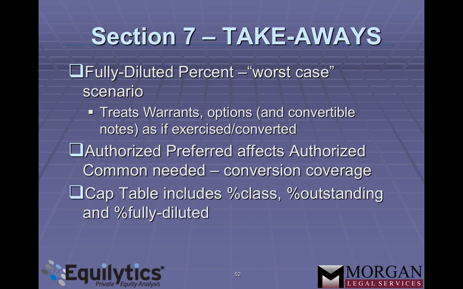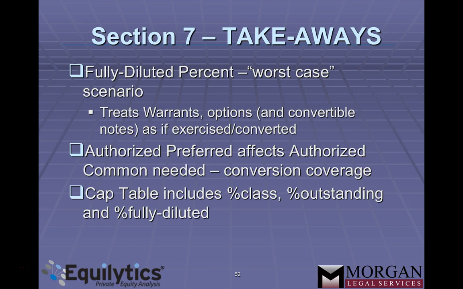Cap table, when we're looking at ownership, has a whole bunch of different ways of slicing and dicing and looking at percent ownership. So percent of class is one way that we need to look at, percent of total outstanding, and percent fully diluted. Multiple ways to look at the ownership, all of which are important.